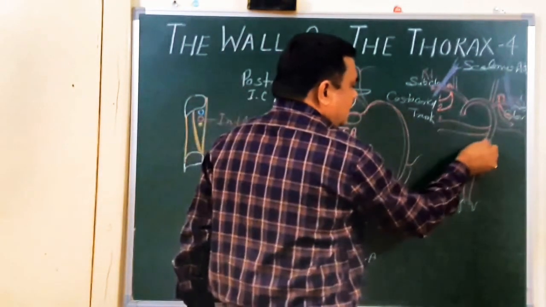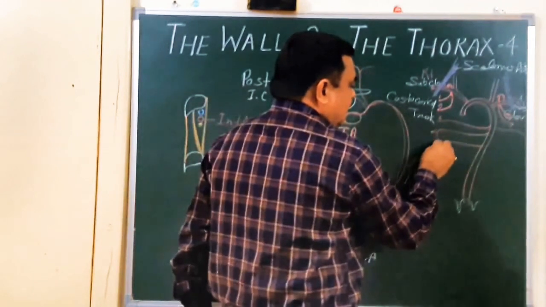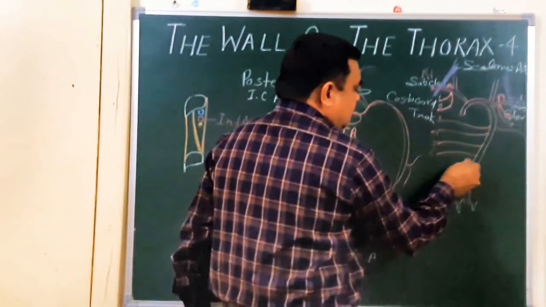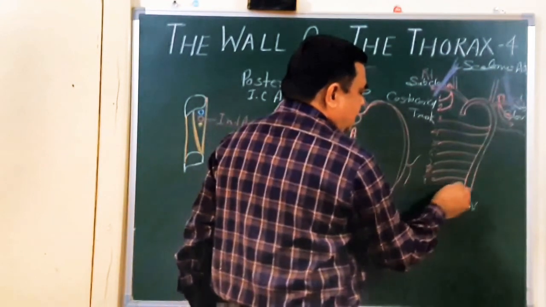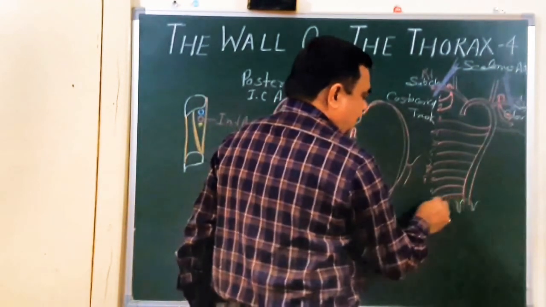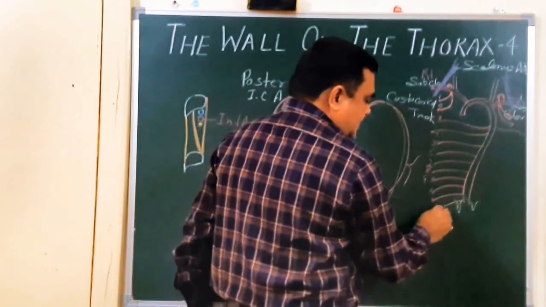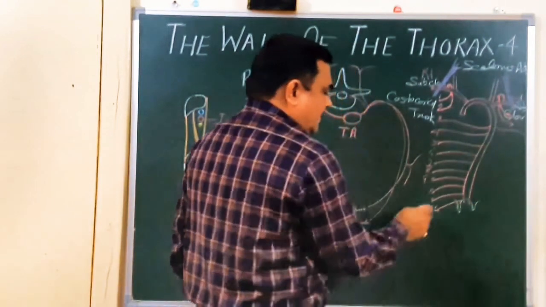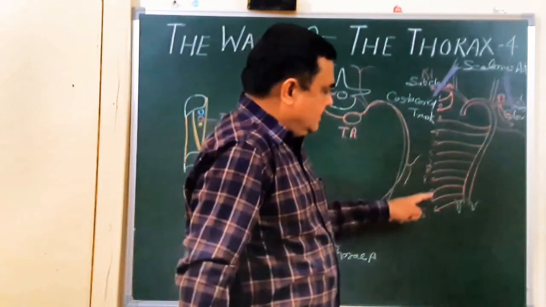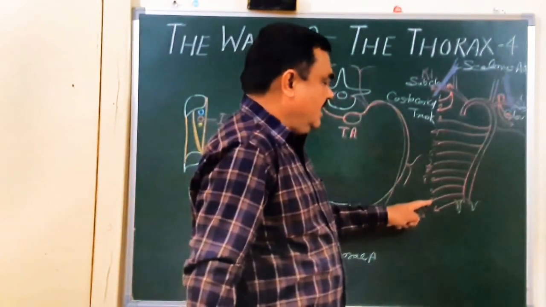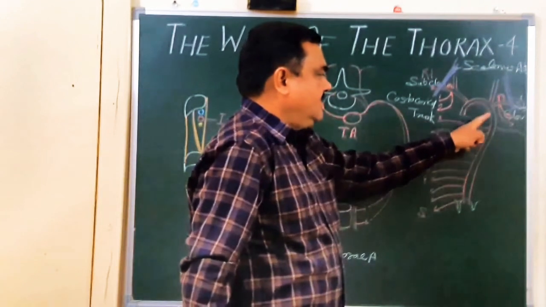This is the fourth, this is the fifth, sixth, seventh, eighth, ninth, 10th, and the 11th is subcostal. So these 11 posterior intercostal branches arise from this.